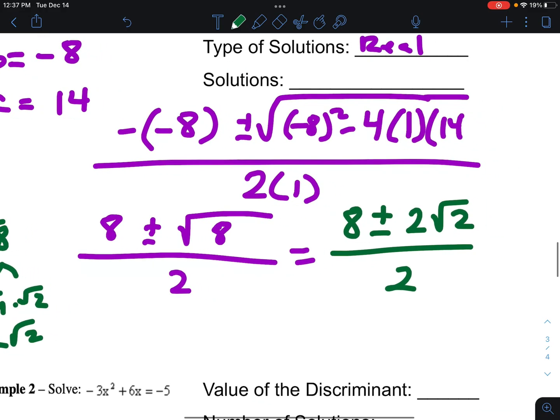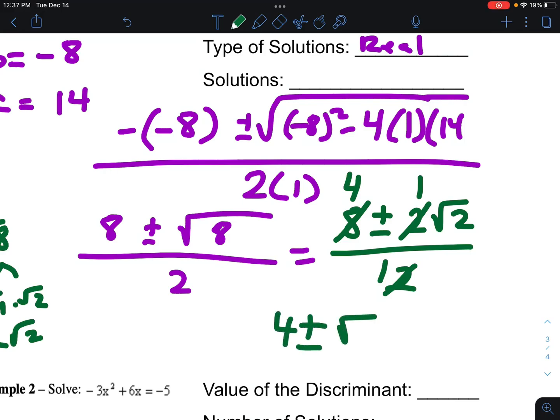And then, what happens if this part and this part have a common factor? And they do. 8 and 2 are divisible by 2. 2 radical 2 and 2 are divisible by 2. So I'm going to simplify this down by dividing each of these parts by 2. Since it's all over 1, I don't need to write it. It's going to be 4 plus or minus the square root of 2.